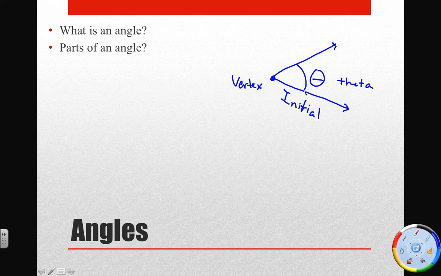And if I measure this angle from this side up to the other side, that's where I end. Another word for end is terminal. So we need to understand the ideas of initial sides and terminal sides of an angle. Initial is where we begin the measuring, and terminal is where we end the measuring.